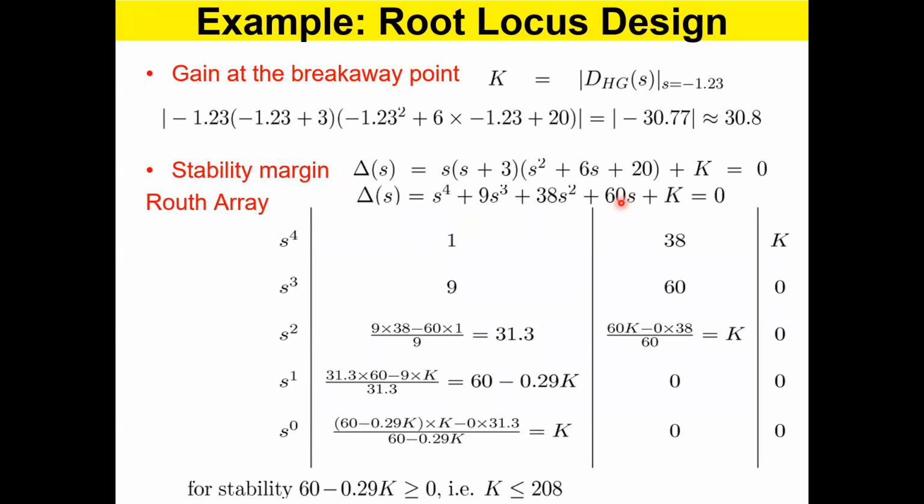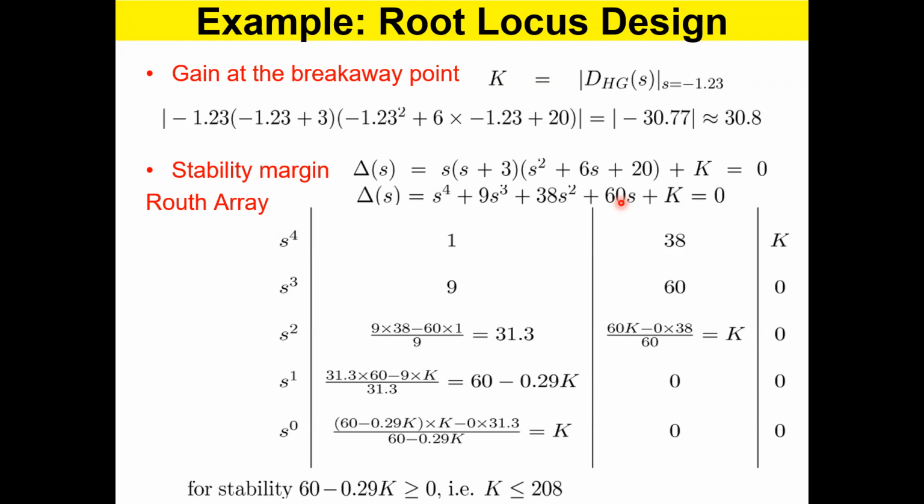Next up is if you want to calculate the gain at the breakaway point. So as you know, you can calculate gain at any point, right? What is the value of gain which will bring the poles to this particular location, that location? So when you have 4 poles, you don't have to specify the locations of all of these poles, right?